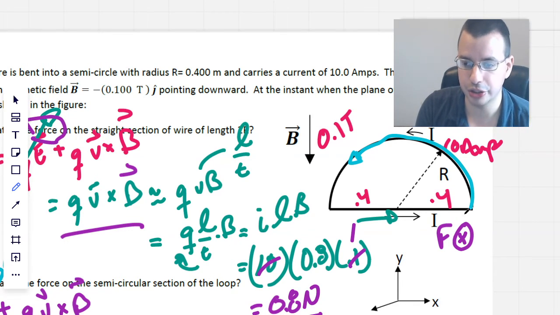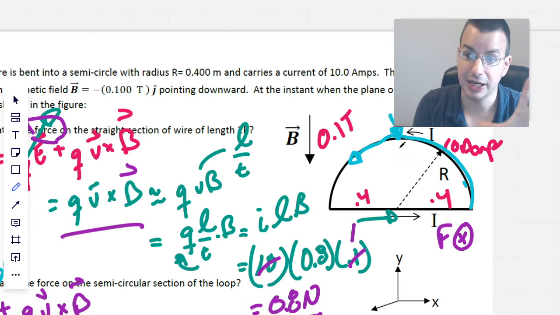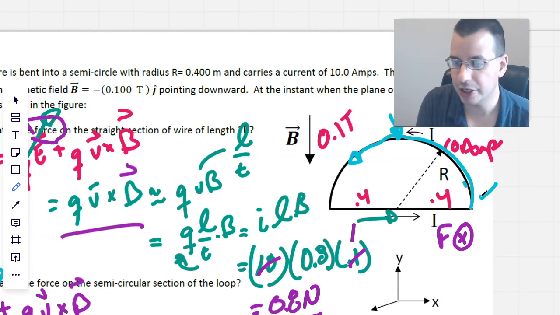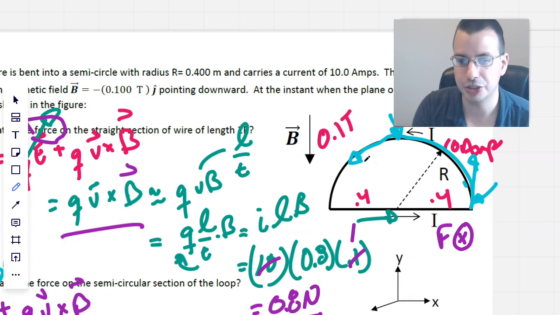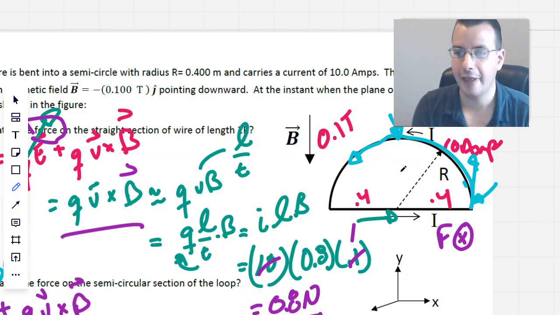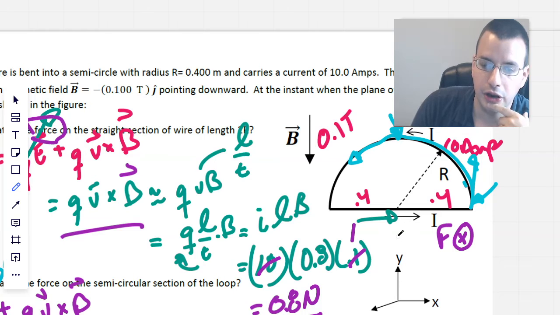Well, at this point here, it's going to be completely perpendicular. At this part here, it's going to be completely in line, because this goes up, which is in line with the magnetic field there. And so this will have a bigger effect, and this will have a lesser effect when producing a force.